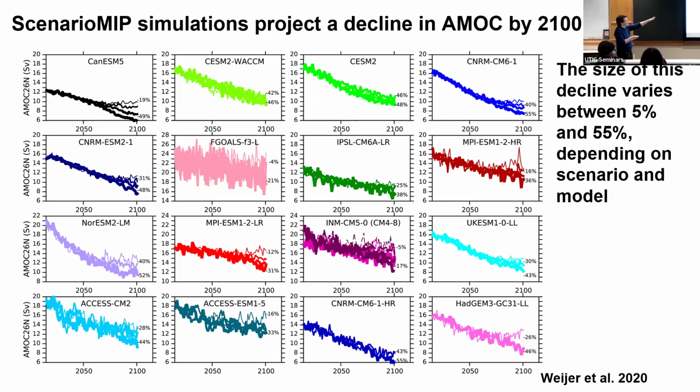That range is not just dependent on the physics of the model, it's also dependent on how much CO2 we emit. Some of these models are slowing down by 50% and others by much less, like this one, only 12 to 30%.